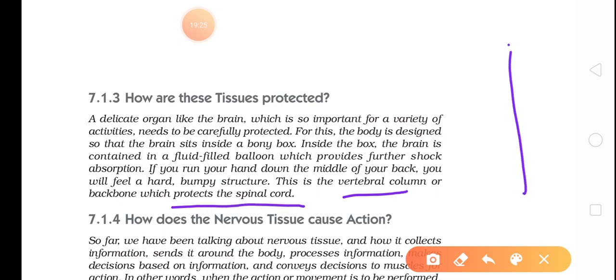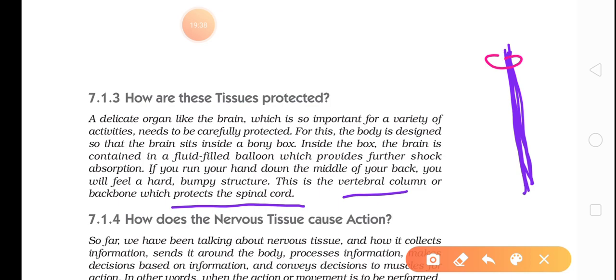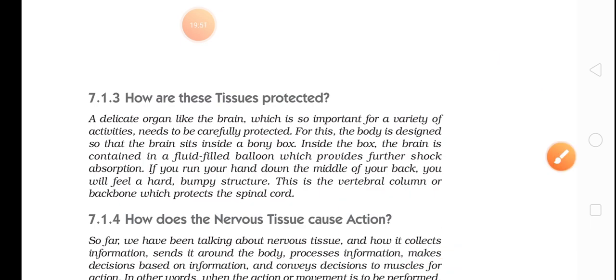The spinal cord is a nerve, so these nerves should be protected. And how is it being protected? It is protected by the vertebral column, and from between the vertebral column, the spinal cord will come out. So your central nervous system is over here. The central nervous system has the brain and spinal cord.